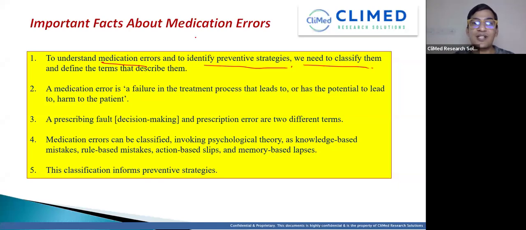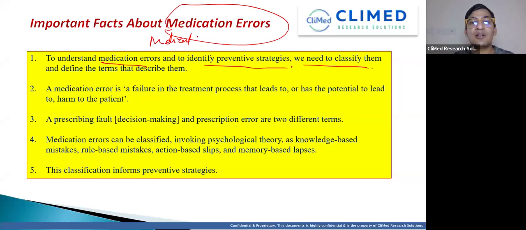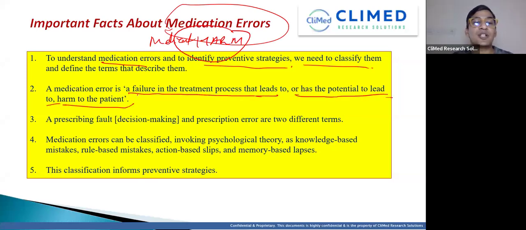First we are talking about medication errors. You might not know there is something called medication harm. Okay, harm is also there. So today we'll discuss all the parts of medication errors and associated terms. A medication error is a failure in the treatment process that leads to, or has the potential to lead to, harm to the patient.